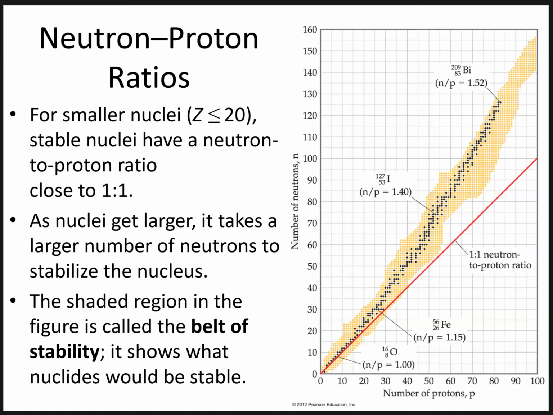What we see for the first 20 elements or so is that there's a 1-to-1 ratio of protons to neutrons for these elements. And that is, it doesn't take a lot of force to keep these nuclei together, but after 20 protons, it starts to become increasingly more difficult to keep these large number of positively charged particles together.